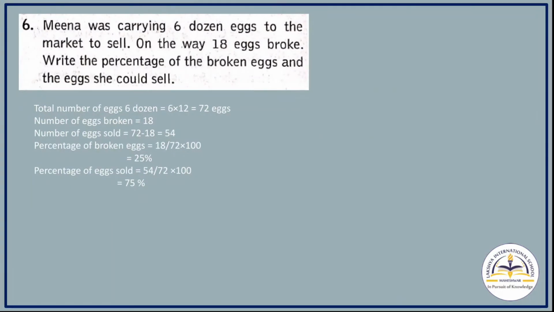6. Meena was carrying 8 dozen eggs to the market to sell. On the way 18 eggs broke. Write the percentage of the broken eggs and eggs she should sell. Now the total number of eggs is 6 dozen. In 1 dozen there are 12 quantity.